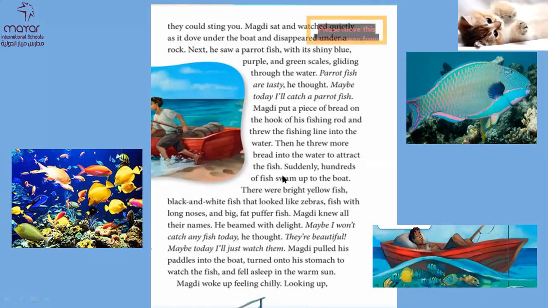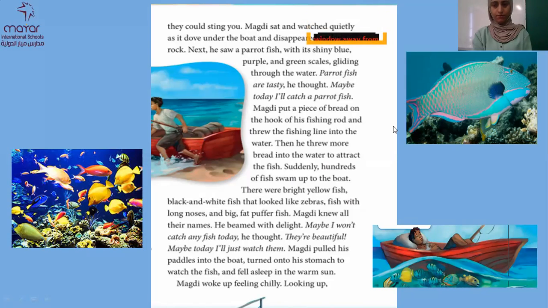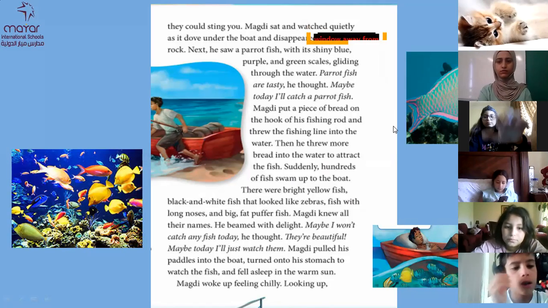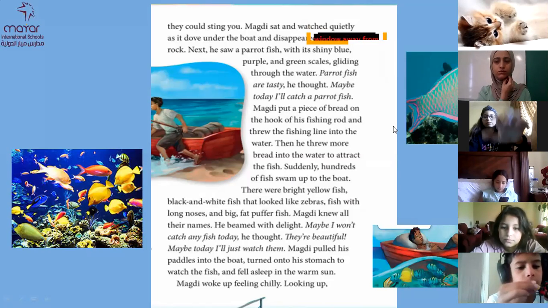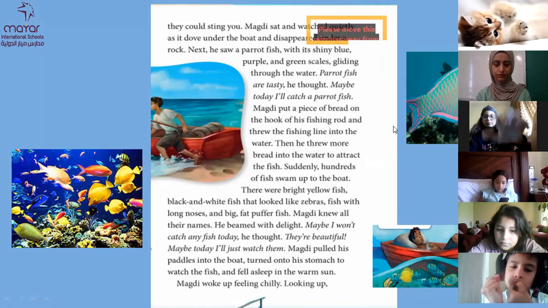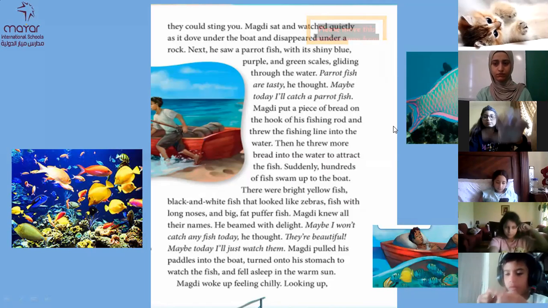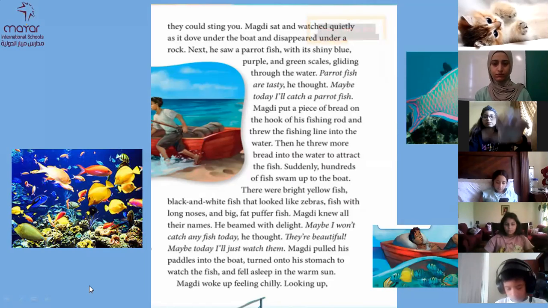Suddenly, hundreds of fish swam up to the boat. There were bright yellow fish, black and white fish that looked like zebras, fish with long noses and big fat puffer fish. Majdi knew all their names. He beamed with delight.